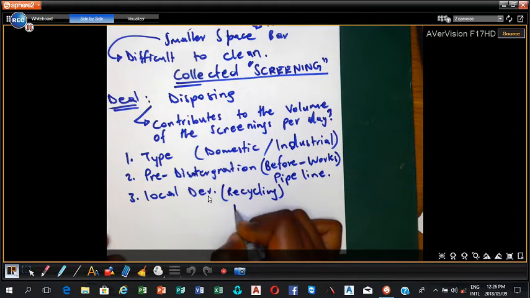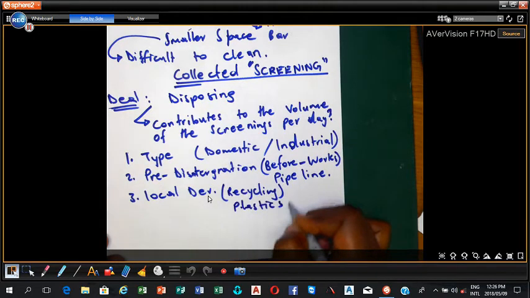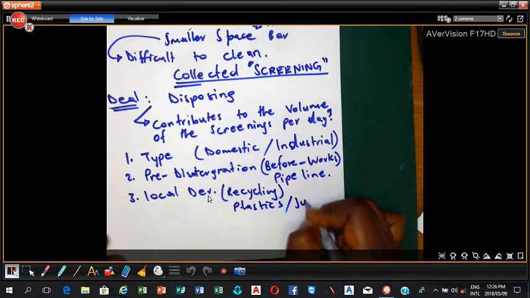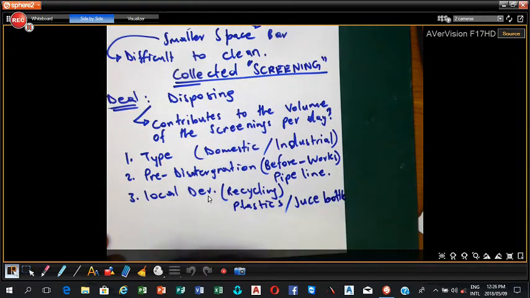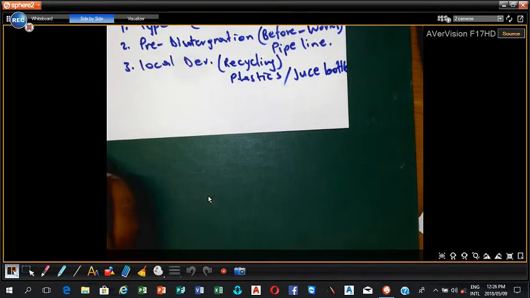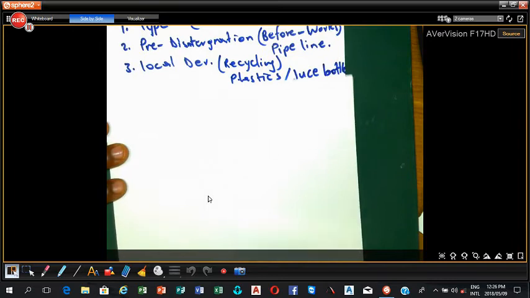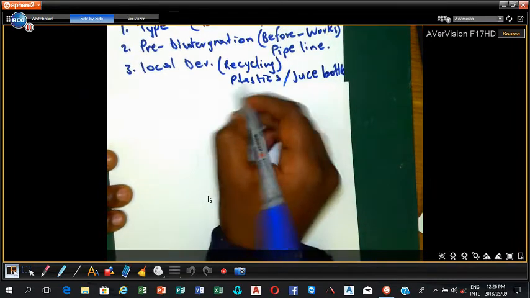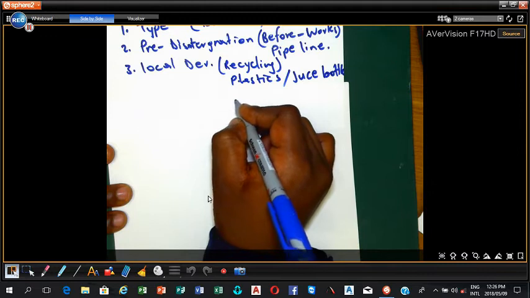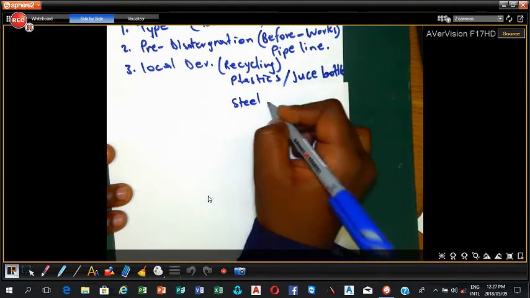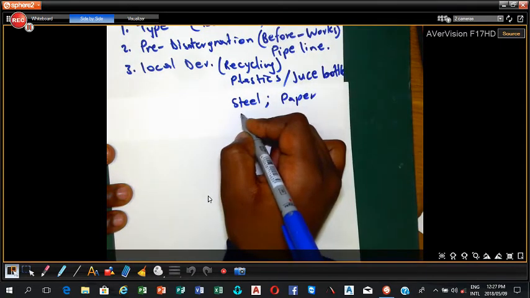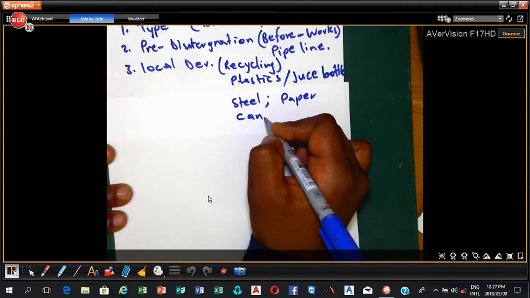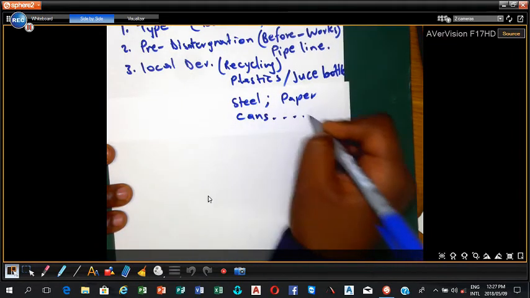Now, if plastics are being recycled, juice bottles, it can be still objects, it can be paper, it can be cans, and so forth.